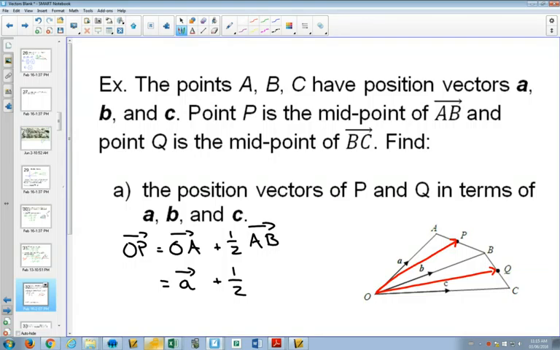But A to B, if we want to figure out what A to B is, we can go from A to B by going backwards on A, back to the origin, and then along B. And we get a similar result to what we had before. It's just half towards A plus half towards B.